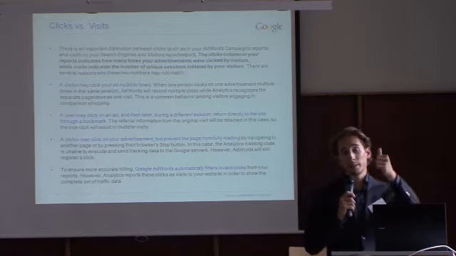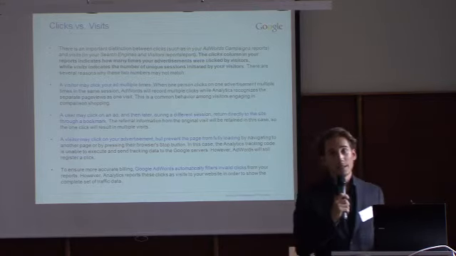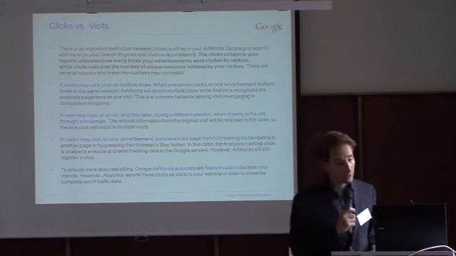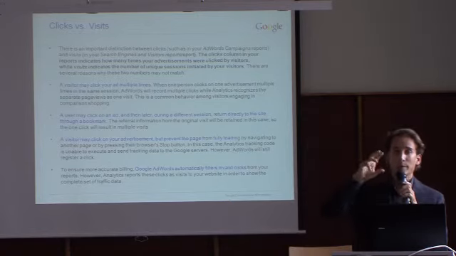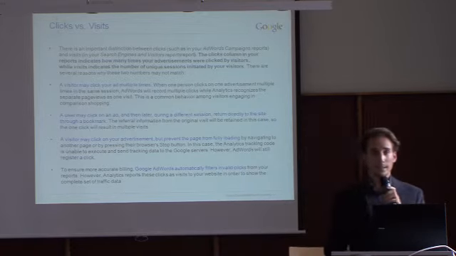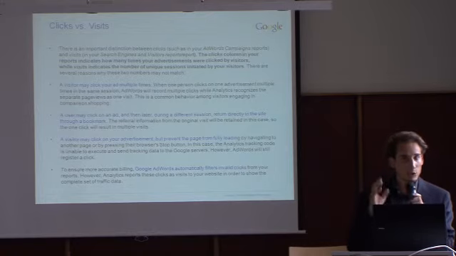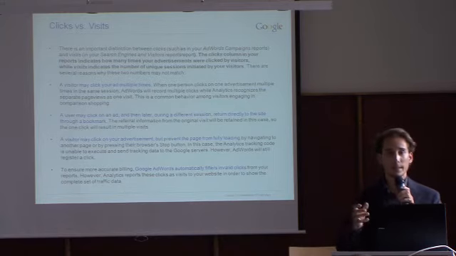But if it happens that this person actually got first on your website through an ad, you will have one click but no visits. And then you also have the filters in AdWords that filter invalid clicks, but still you will see these as visits in Google Analytics. So those are typical reasons why there are discrepancies between visits and clicks.